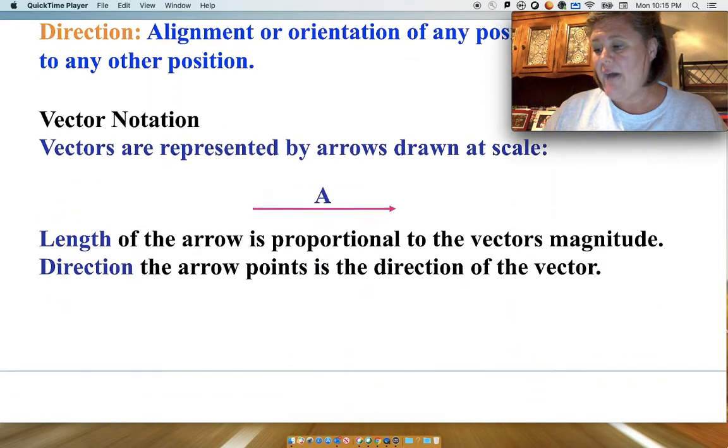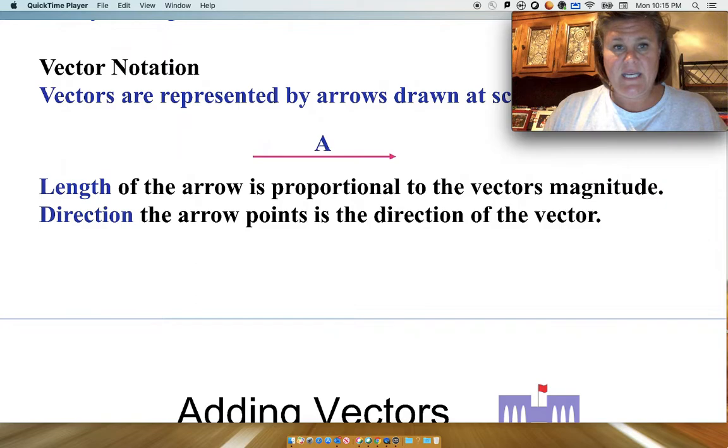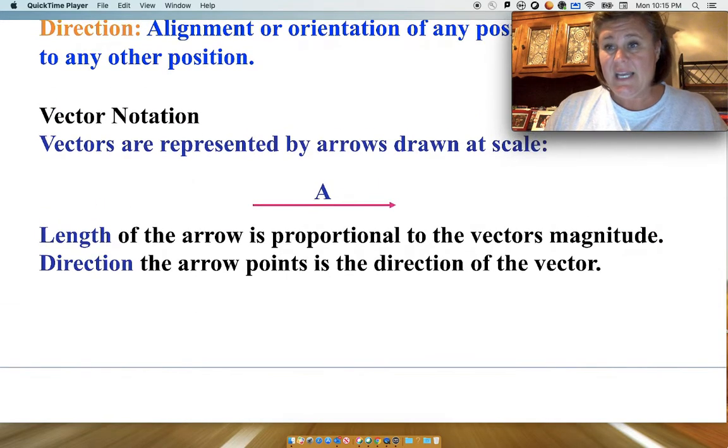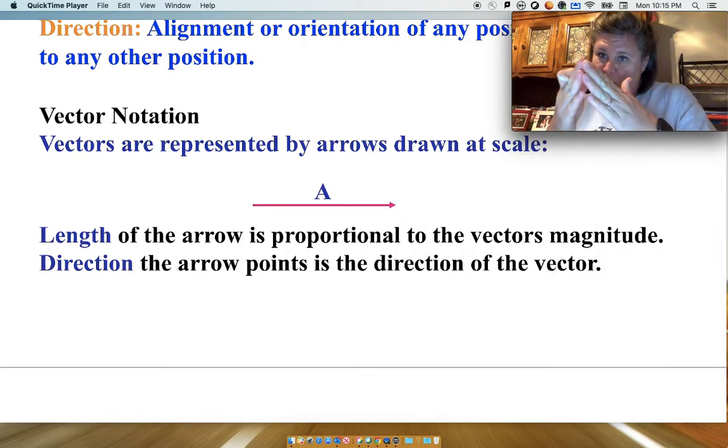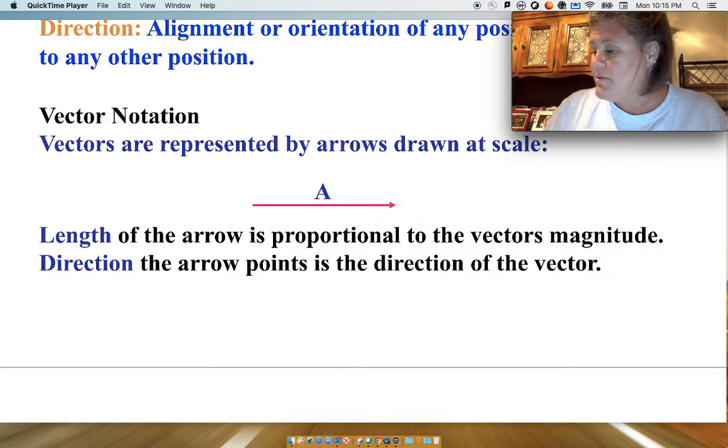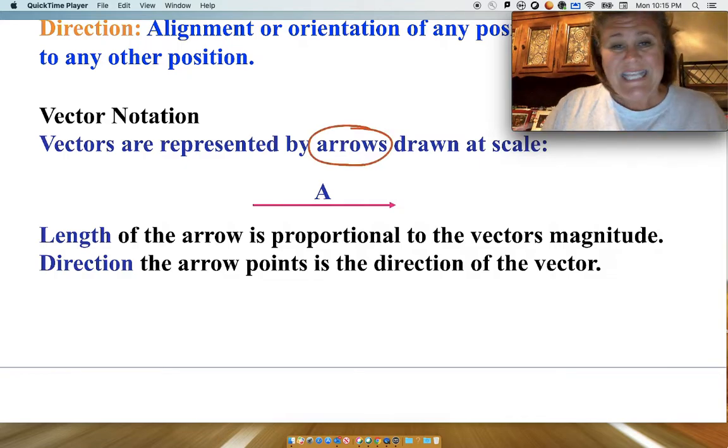Okay, now if you've ever seen Despicable Me, there's this villain called Vector. Okay, and he says we represent vectors with arrows, right? So that's how we're going to represent the vectors.